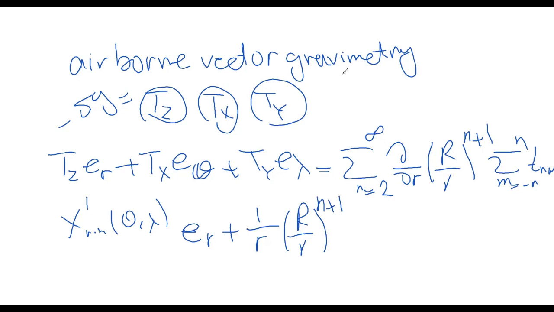Maybe it should be inside parentheses. Let me see. Then sigma, T_nm, and y2_nm(theta, lambda).